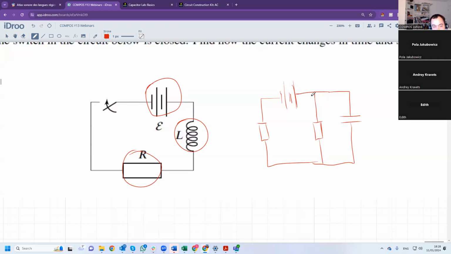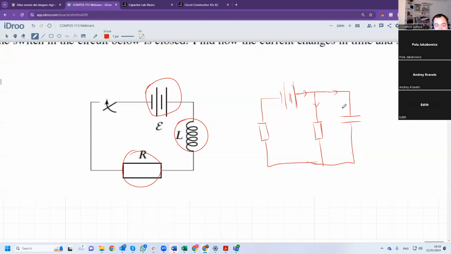The current leaving the battery has a choice whether to go through the resistor or go through the capacitor. And because the capacitor has zero resistance, you would have a lot of current flowing through the capacitor. So at the start, all the current will go through the capacitor and no current will go through the resistor.